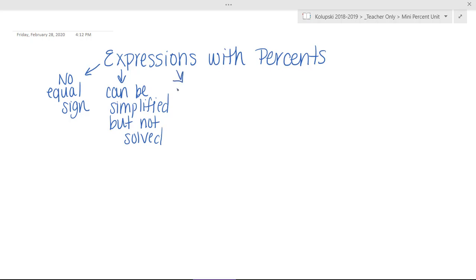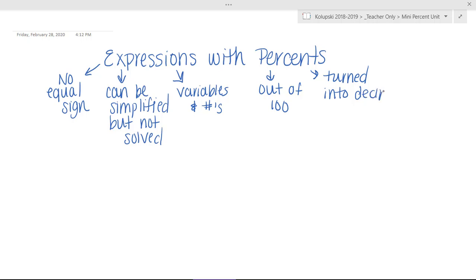And we know that it's made up of variables and numbers. Percentages, we know that they are out of 100, and they can be turned into decimals and fractions.